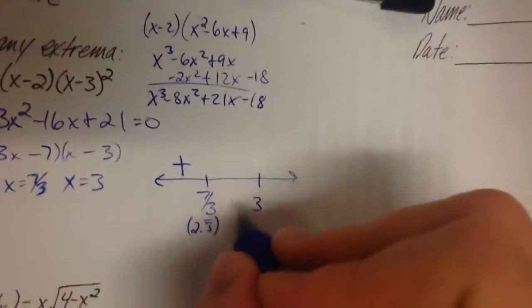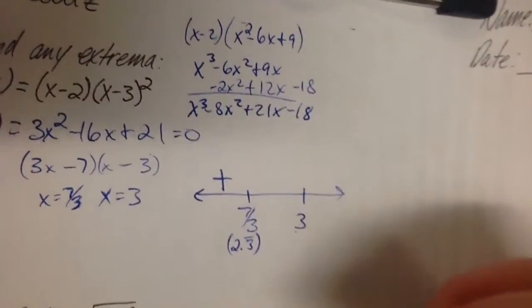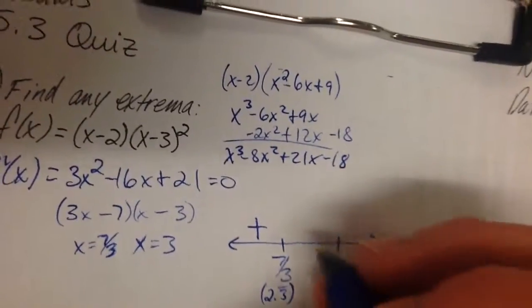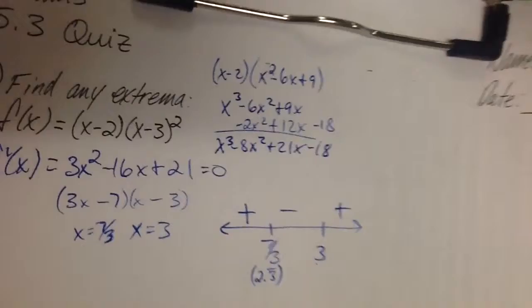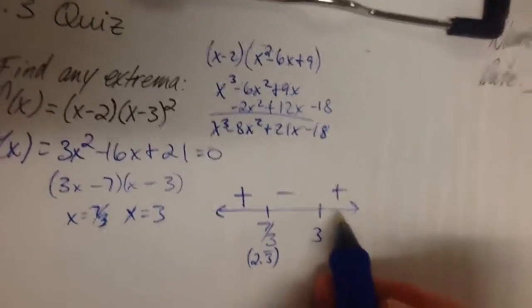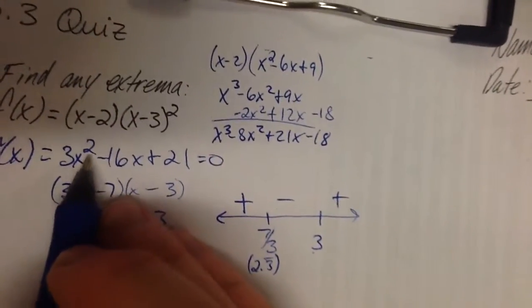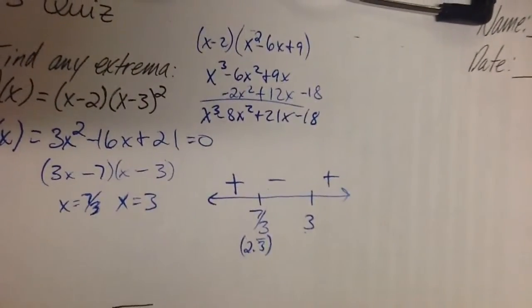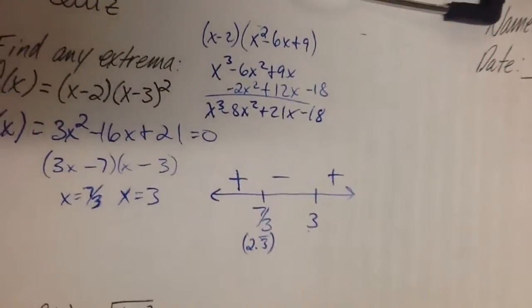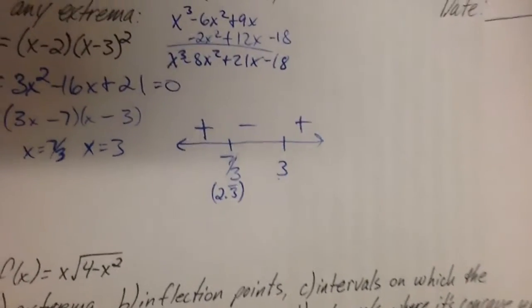In the middle of 2.333 and 3, that sucks. 2.5. Hey, it's a parabola, so it's going to be negative and positive. I have a feeling. Plug in 4: squared, 16, 48, minus 64 plus 21, yeah, it's positive. I'm right. So there we go, we got that.